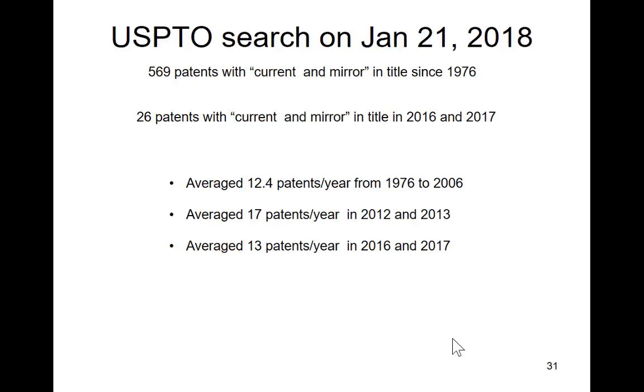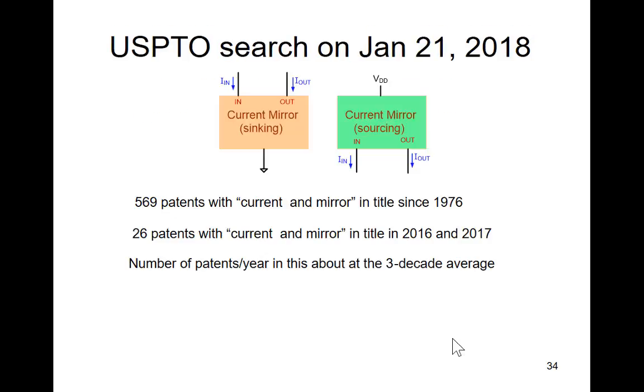They averaged 12.4 patents per year from 76 to 2006, averaged 17 per year in 2012 and 2013. There was a little bit of a blip there. 13 per year last year and the year before. The number of patents per year right now is about the same as it's been on the 3-decade average.